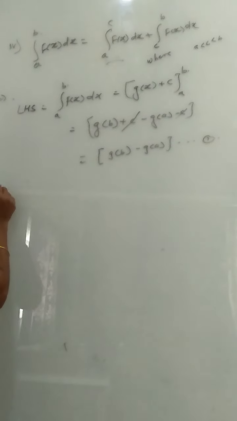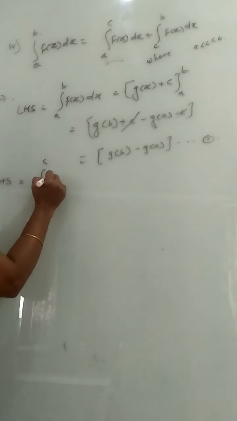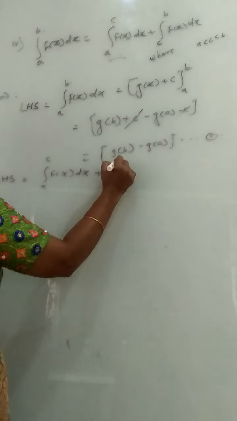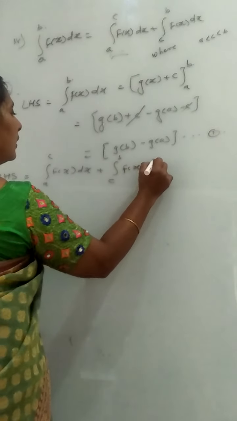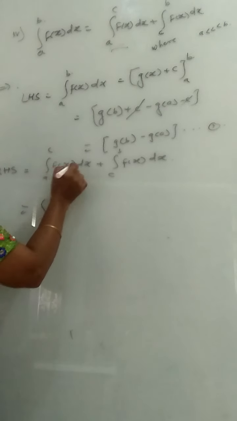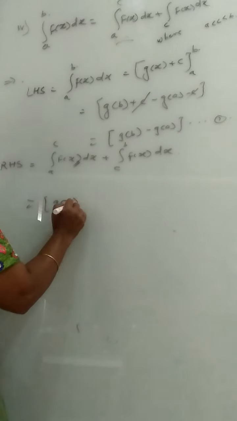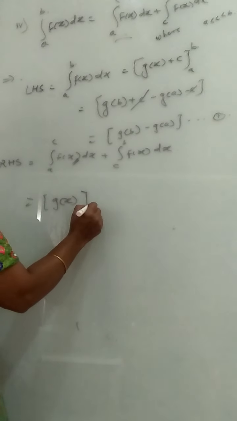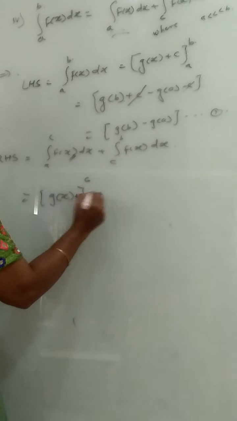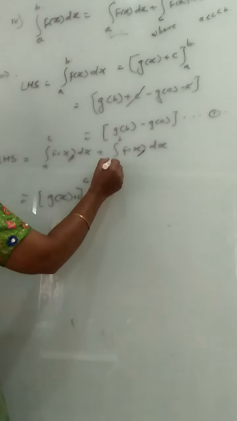Then take the RHS. The RHS is the integration from a to c of f of x dx plus the integration from c to b of f of x dx. We know f of x is g of x, and this limit is a to c, plus we also write the integration of f of x dx with limits c to b.